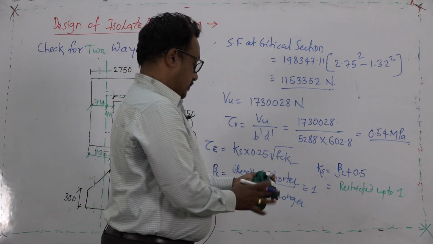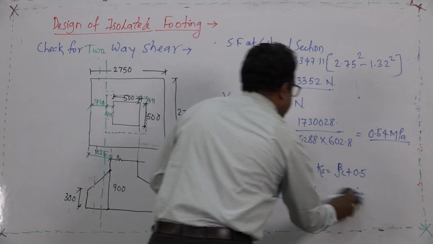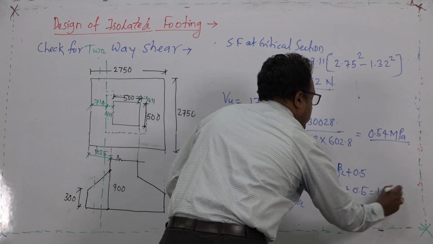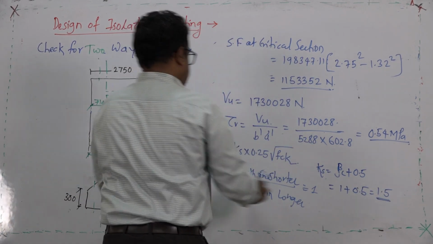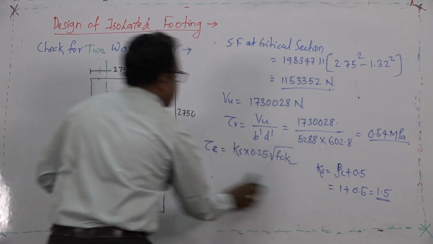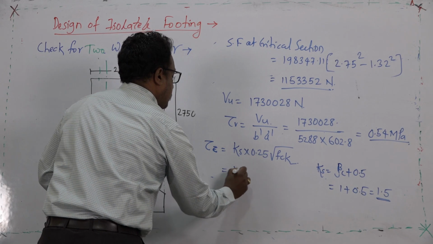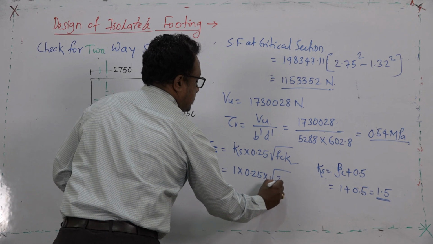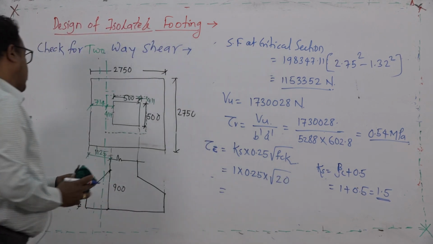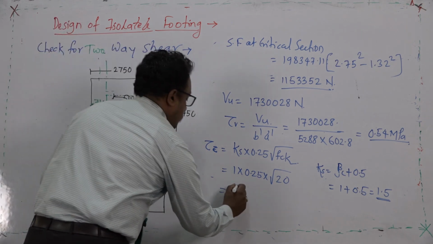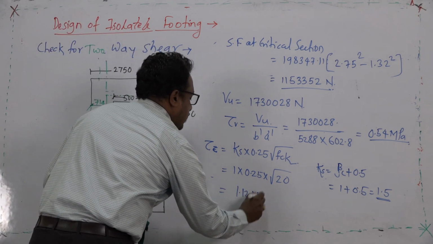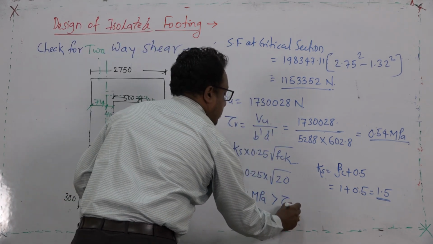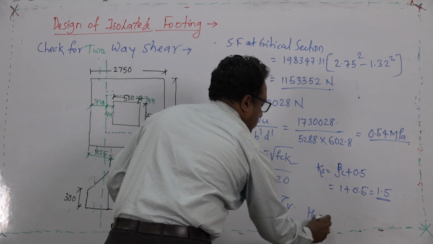So, in our case obviously this value of the Ks comes to be 1.5. Therefore, here we will consider the value of the Ks as 1. So, this is 1 multiplied by 0.25 multiplied by the root of the grade of concrete, which is 20. So, this is 1.12 megapascal. This is greater than the tau V, hence safe.